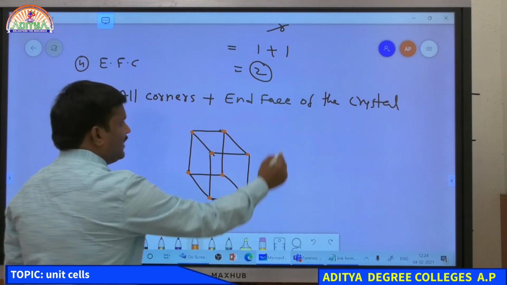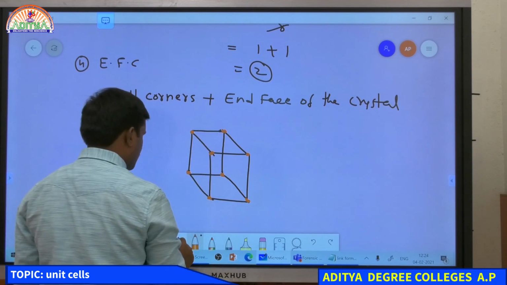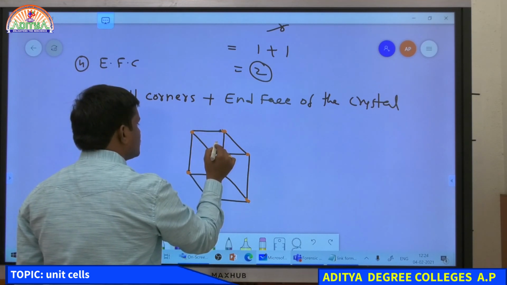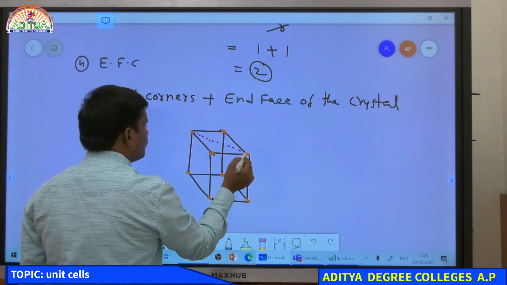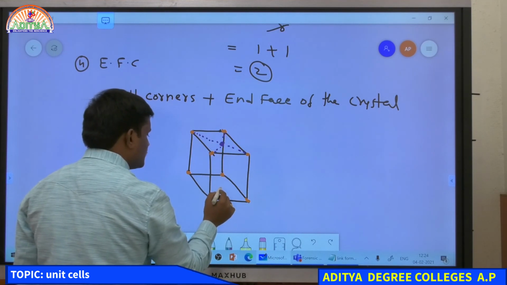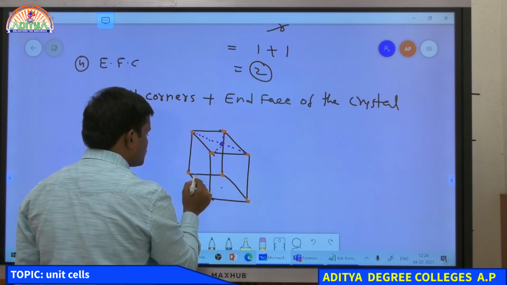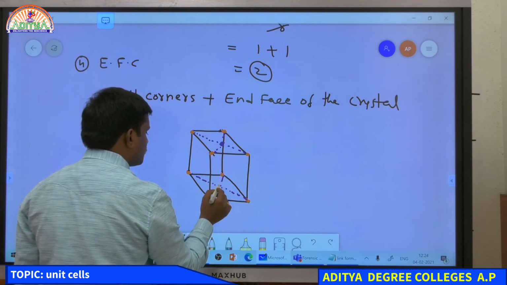And then the end of each face of the crystal, suppose we consider this end, then here this is the point, this point is the end for this side. And similarly again consider a point at this place, so this is the second end for this face.